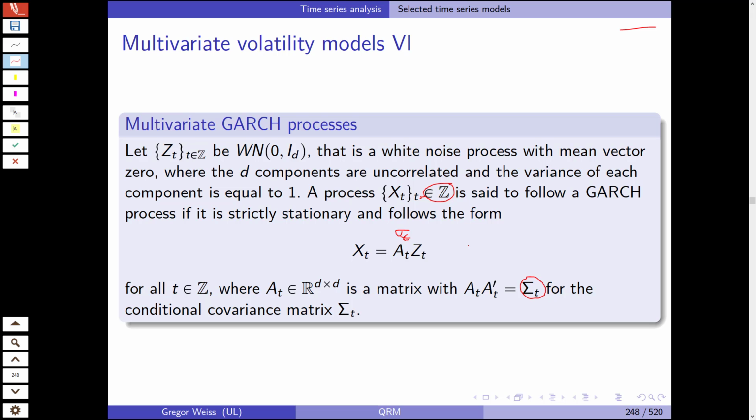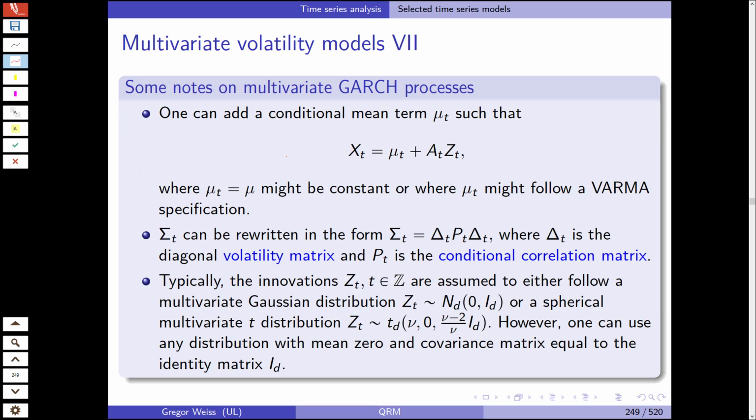We have A_t times A_t transposed, forming the variance covariance matrix, the conditional covariance matrix, and then it is multiplied with this white noise process. You can then also add a conditional mean term, mu_t, such that you get x_t, the multivariate time series, equal to mu_t plus the GARCH component. You can also set the conditional mean constant. You could also use mu_t following a VARMA specification.